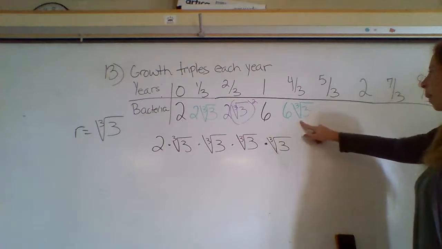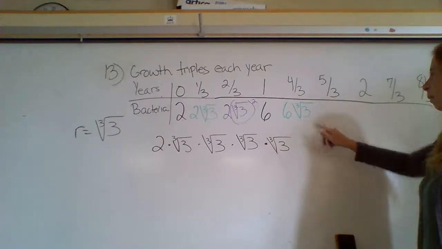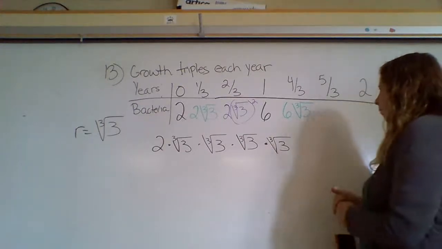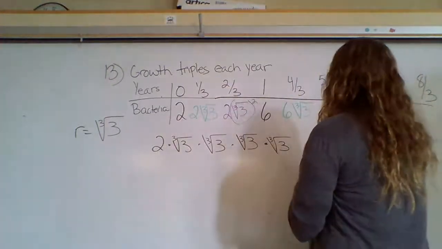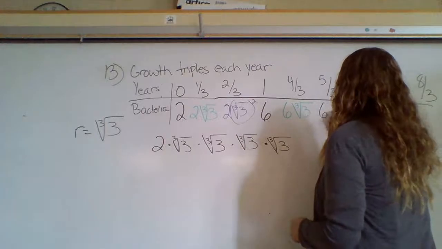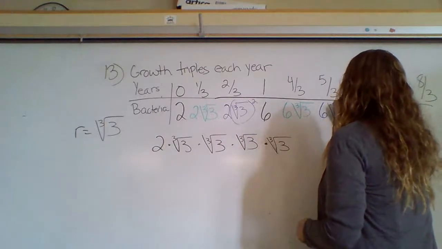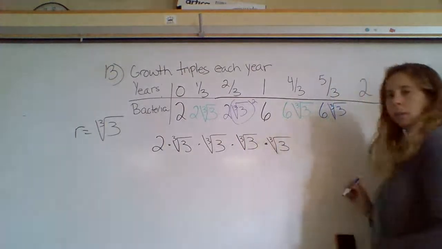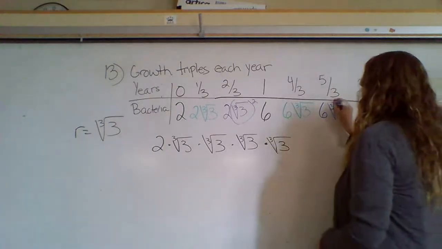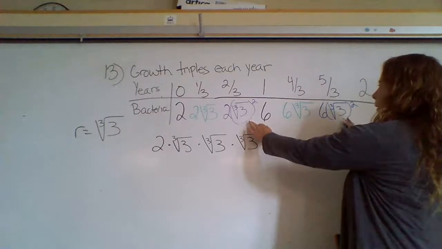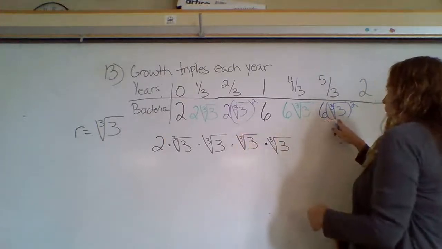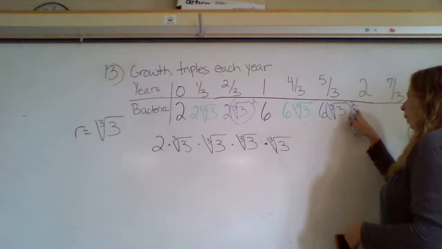And now we're going to multiply by this cubed root of 3 again. So that'll give us 6 times the cubed root of 3, and this is squared. Just like here, except now it's 6 times the cubed root of 3 squared. Okay.